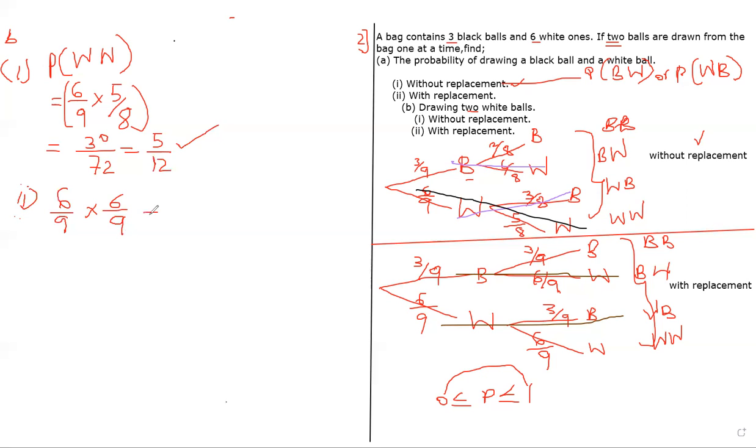That is 6 over 9 times 6 over 9, which is 36 over 81. 36 divided by 81 is 4/9. 9 goes there 4 times, 9 goes there 9 times.